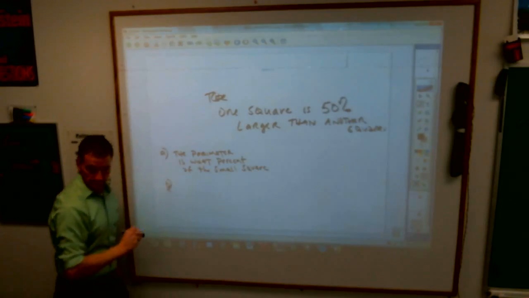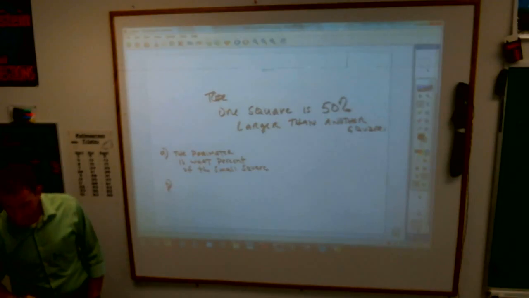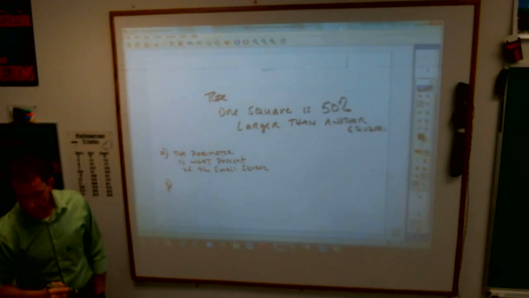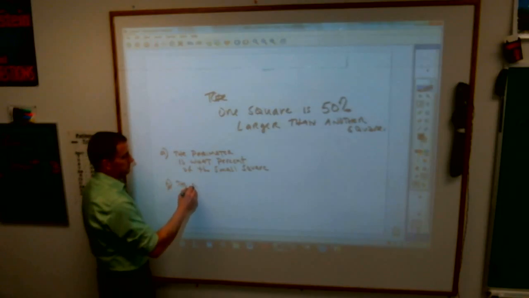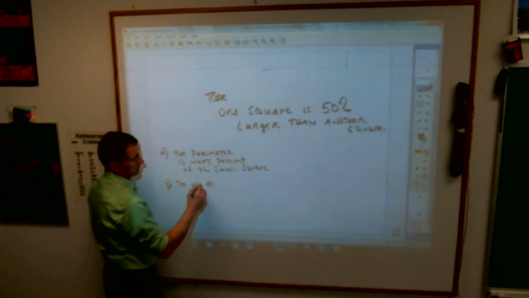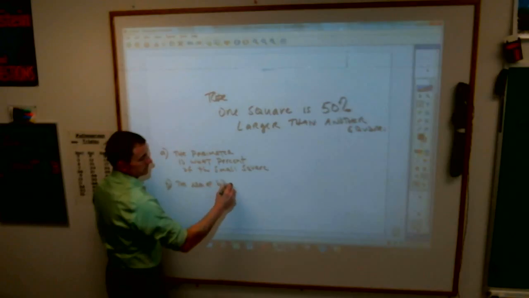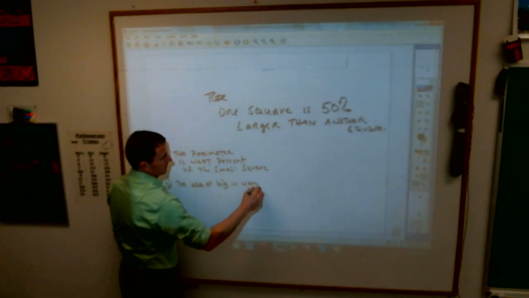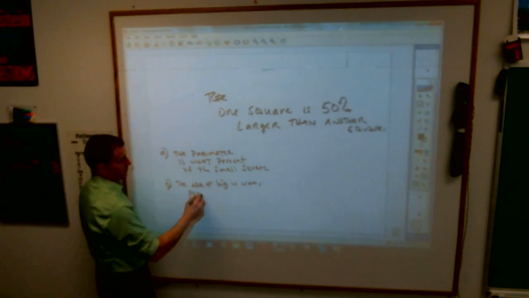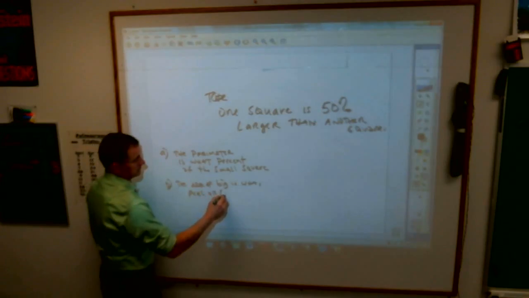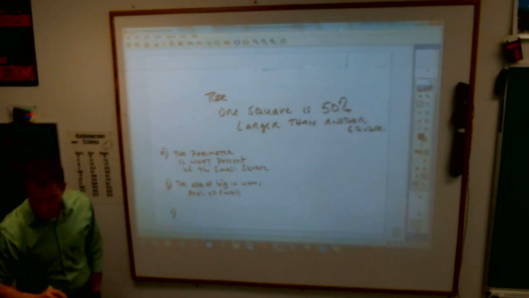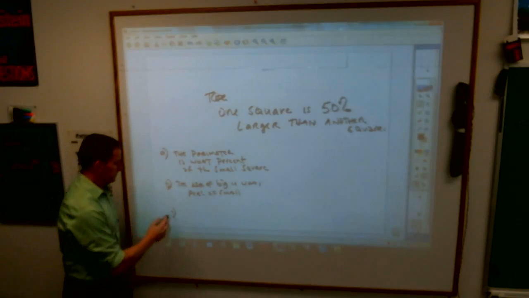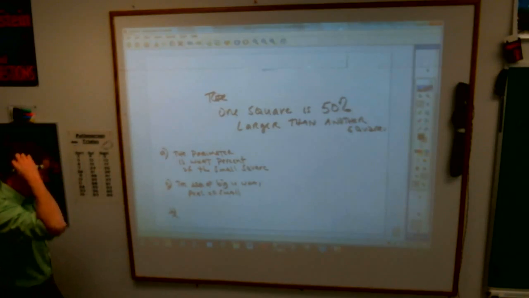Letter B. The area of the large square is what percent of the area of the small one? And letter C, you guessed it. Oh no, sorry. I don't have to guess it.